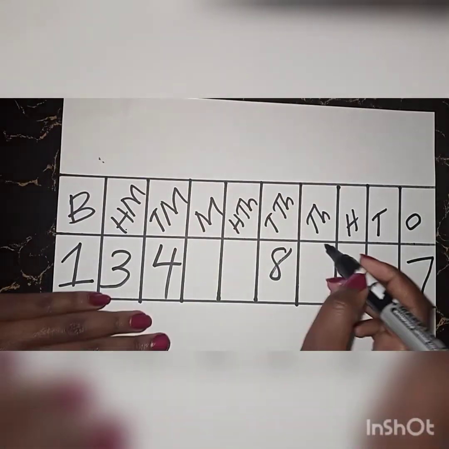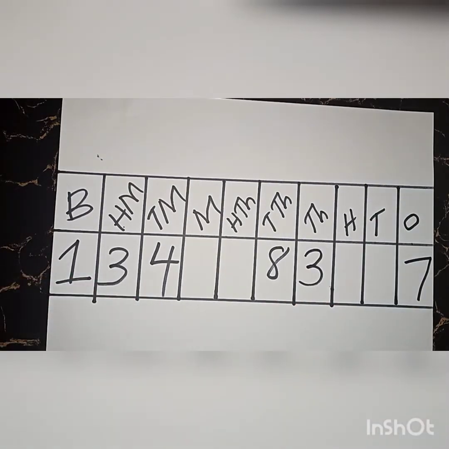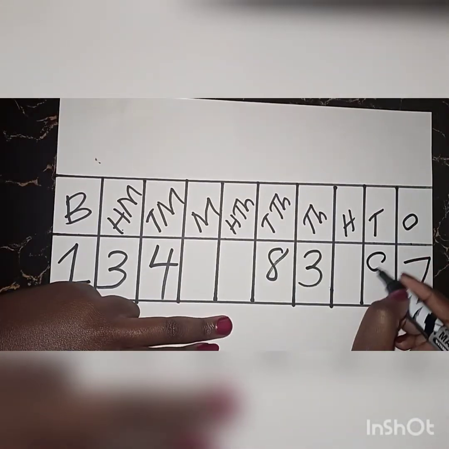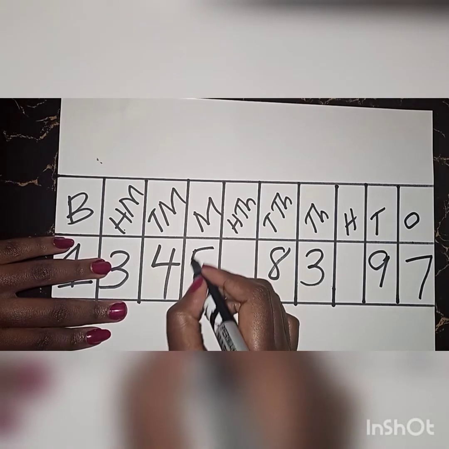So that means our 3 will be here, the thousands place. A 9 in the tens place. So our 9 will be here. Okay. 5 in the millions place. So our 5 will be here.